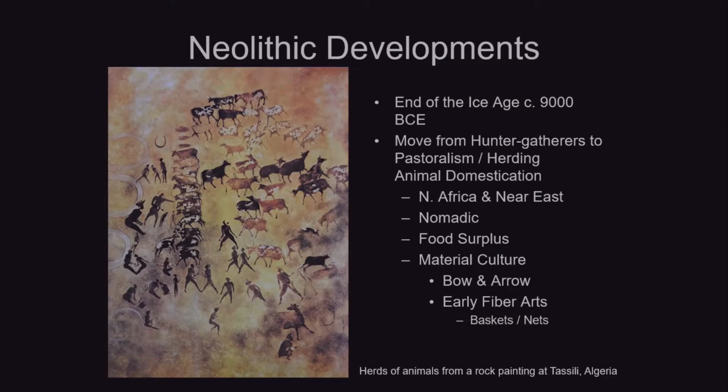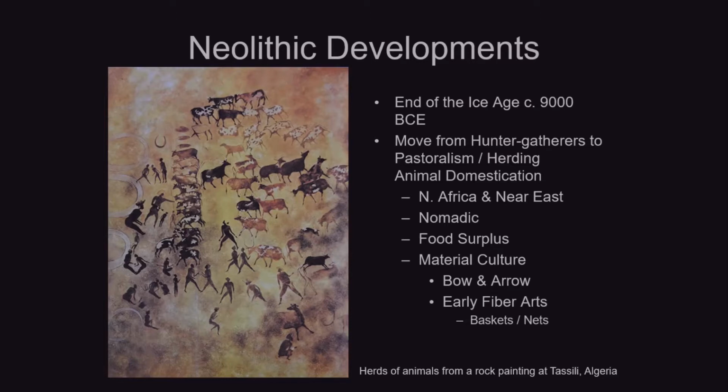But we figured out how to domesticate animals, and that's really great, because it means you don't have to kill the animal to sustain yourself. You could keep the animal alive and you can milk it, and you can eat the milk, you can herd the animal, you can direct it. So now, instead of having to hunt your food source, you can take your food source around with you.